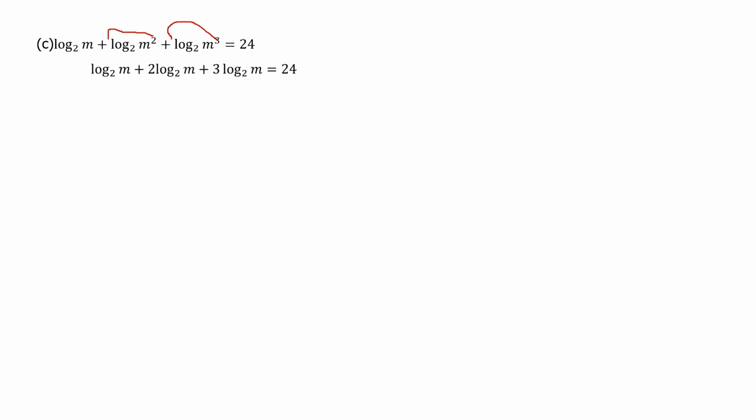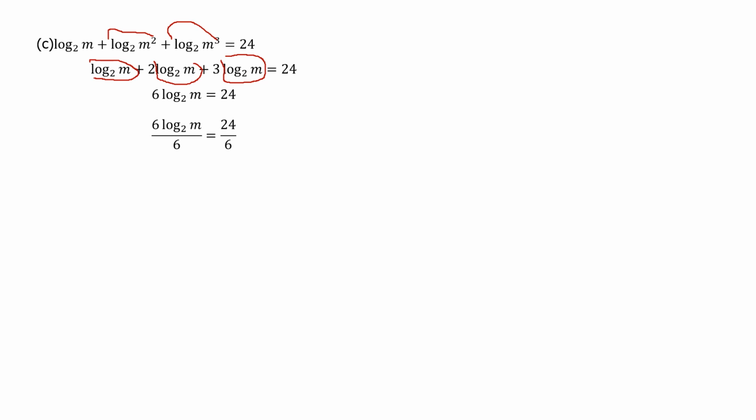Then the whole of log of m base 2 is like having y plus 2y plus 3y. So when I add, I'll have 6y, which is 6 log m base 2, which is equal to 24.